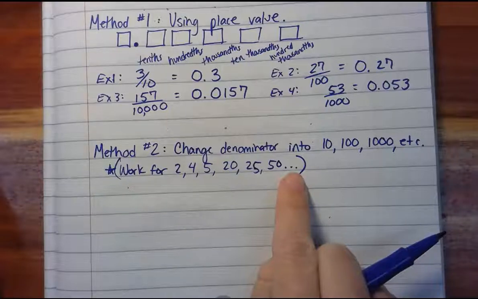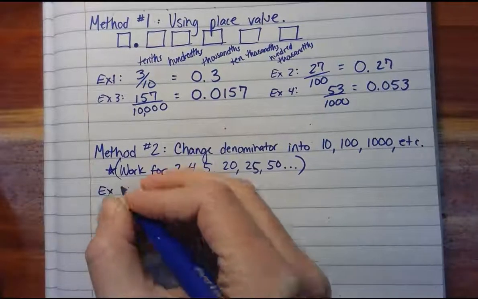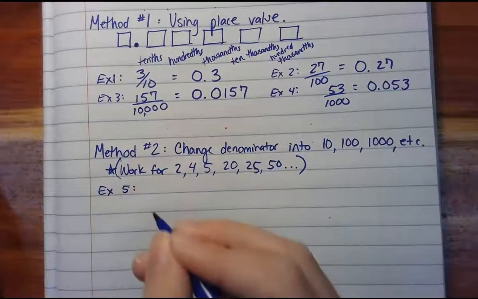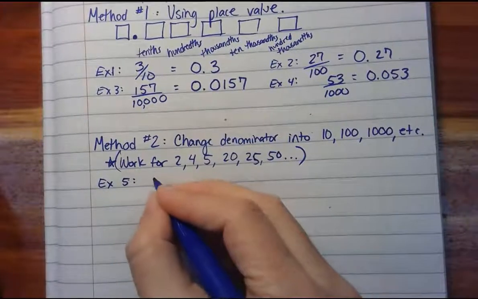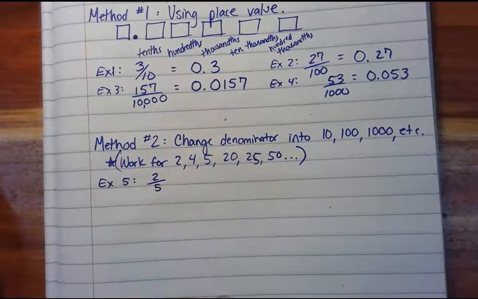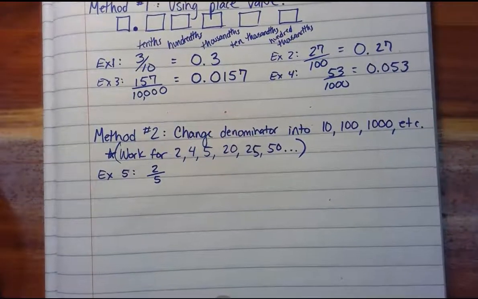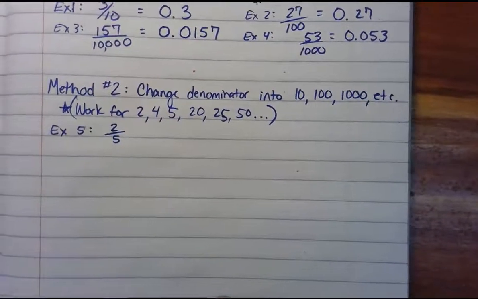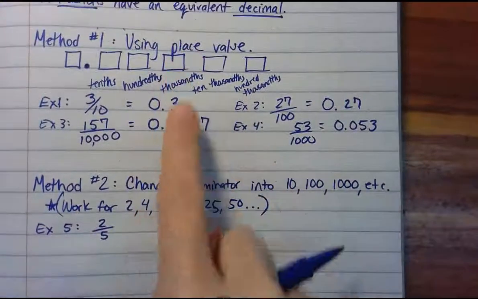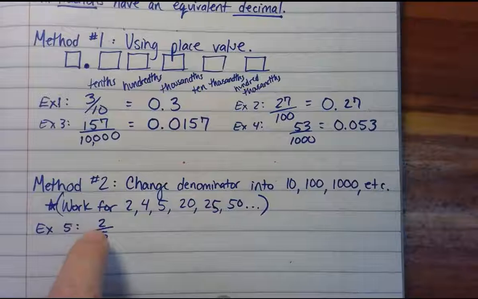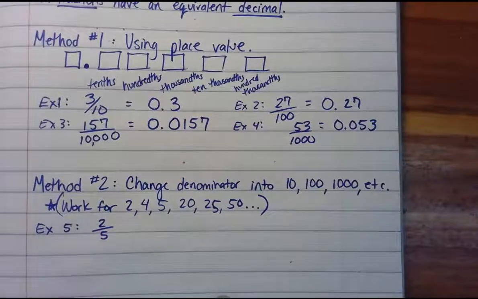And so let's just look at an example. So example number, I guess this is example number 5. If we had the fraction 2/5. So we look at 2/5. So again, we ask ourselves first, can we just use place value to just plop the numerator in?